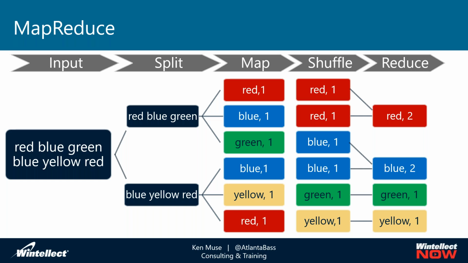This enables a lot of commodity hardware to be thrown at a problem and get an answer back quickly, because each individual computer only has to work on a tiny part of the task, with the last system and the first system, the split and the reduce, really being responsible for breaking up the job and then pulling it back together.